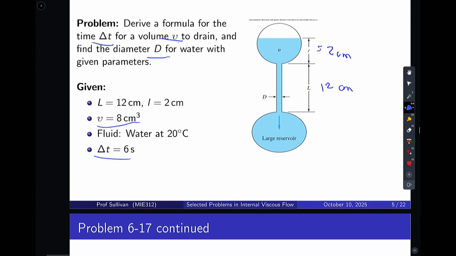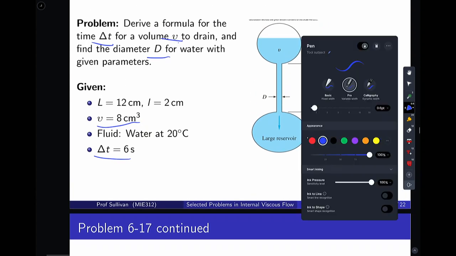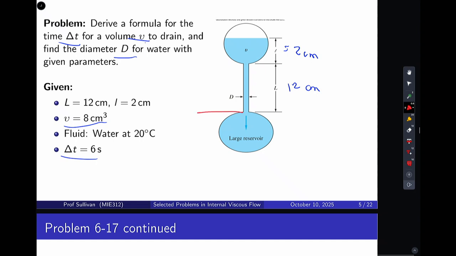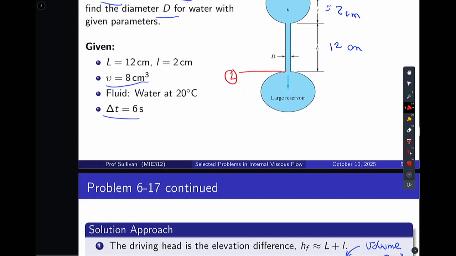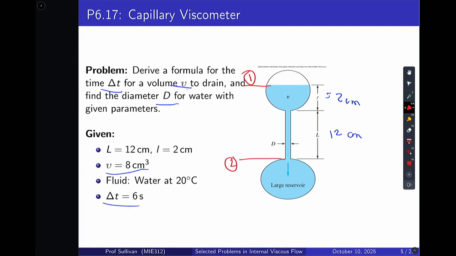I'm going from here to here. I'm not going to the bottom of the tank. So I'm filling the tank. Where this problem sort of falls apart mostly is that I'm telling you it's draining, and as it's draining, the head is changing, but the length of the tube is the only thing staying constant.